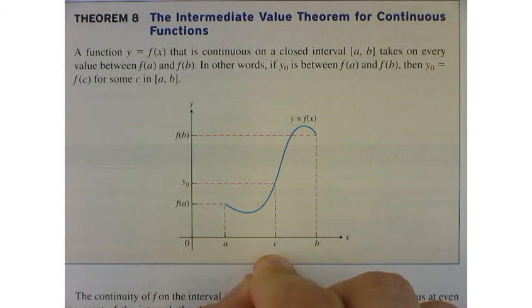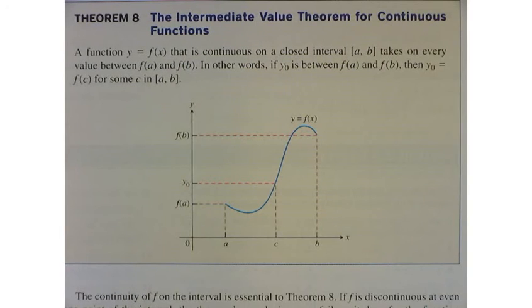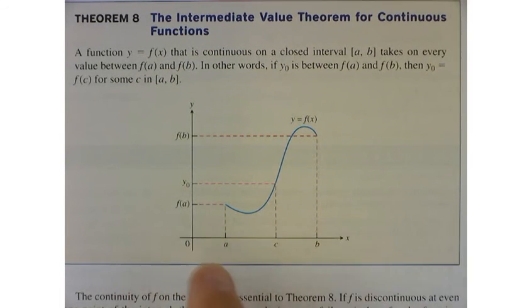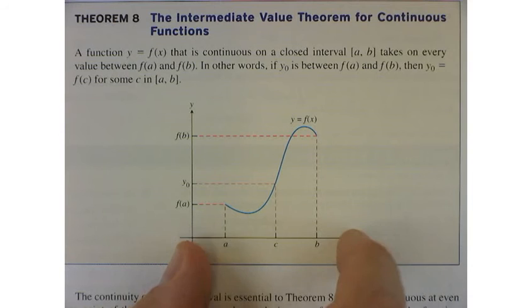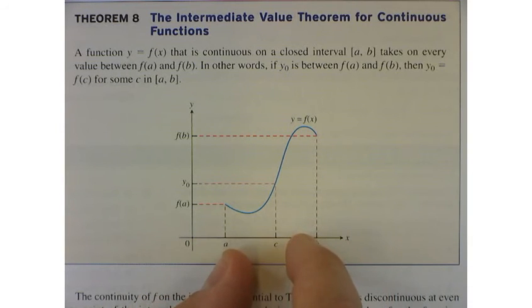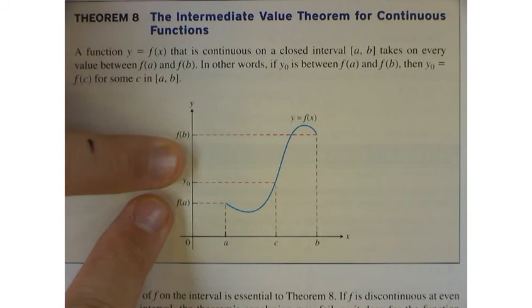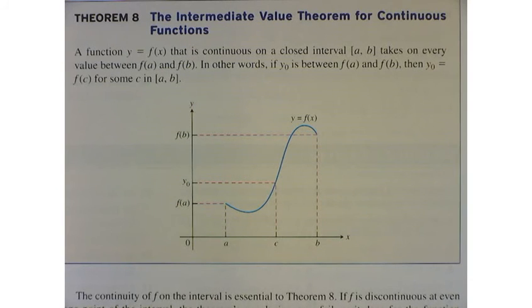So we use this intermediate value theorem for lots of applications, but really what it boils down to is we could do some work at A and we could do some work at B, but it gets messy at C. So if I make A and B get really close to C, then f of A and f of B get really, really close to f of C. And that's helpful to us in some situations. But we can only do that if we prove that f of x is continuous from A to B.